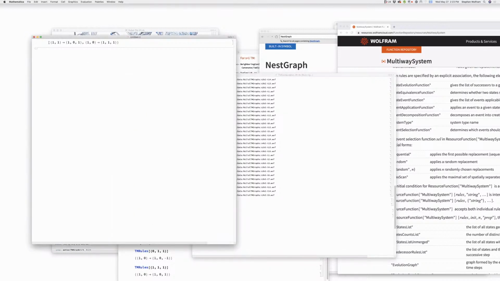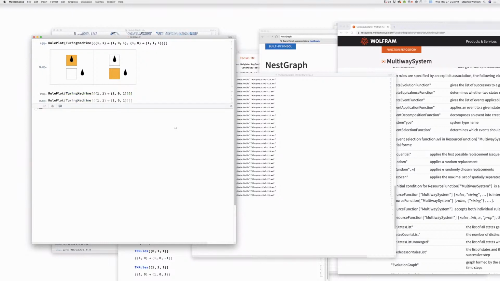Yeah. I'm going to run this here. Okay. So this is TuringMachine. I think this is going to error out. Oh, it worked. Huh. Well, because rule plot doesn't know how many states there are. Oh, you know what errored out is if I only give one of those, it just doesn't work.